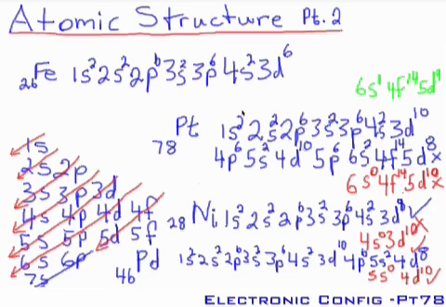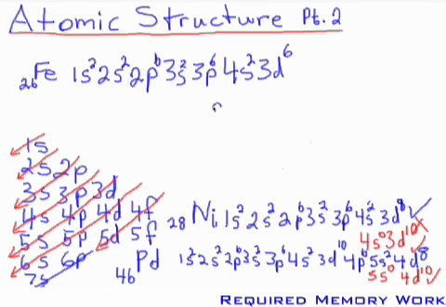The only elements you have to memorize for this: copper, silver, and gold. And I write them above each other just the way they would appear in the periodic table. That is copper, 29, silver, 47, and gold, which is 79.